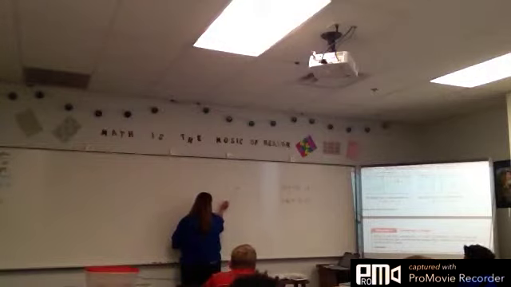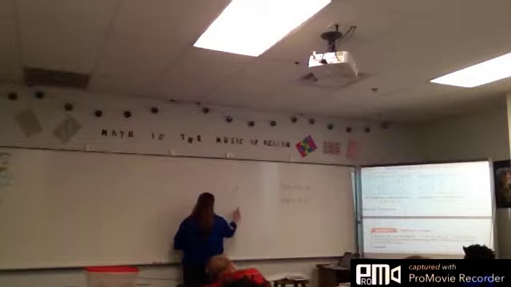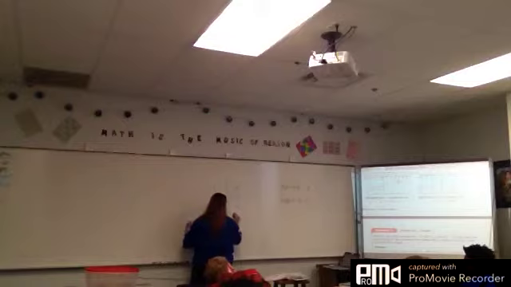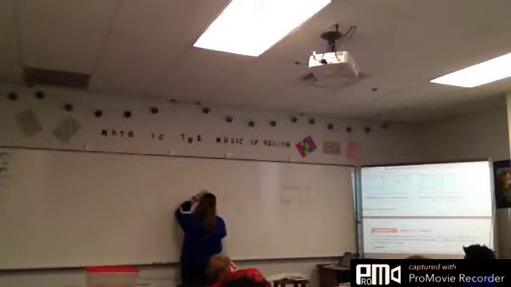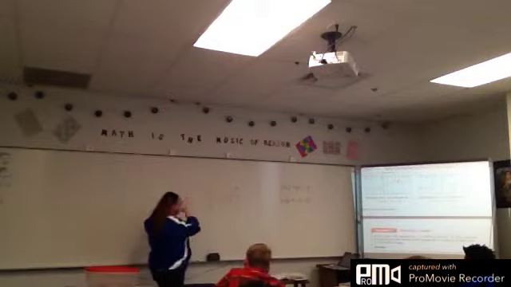Where would B go across? -3, 2. Good. Where does C go? -4, -3. Beautiful. And now I have my reflected image. Okay, does that make sense?